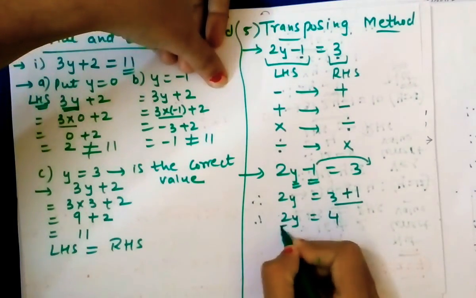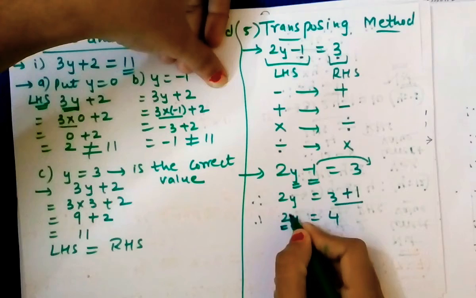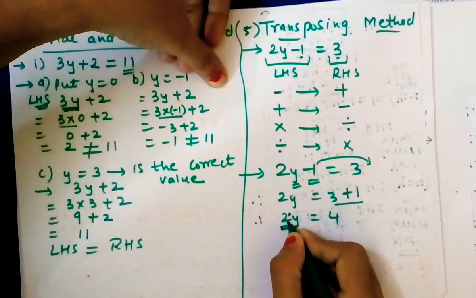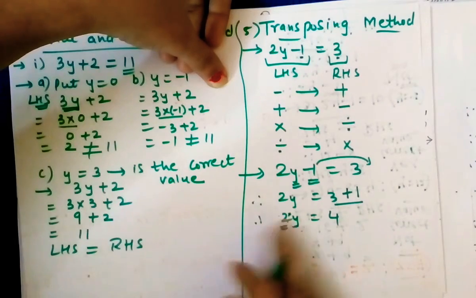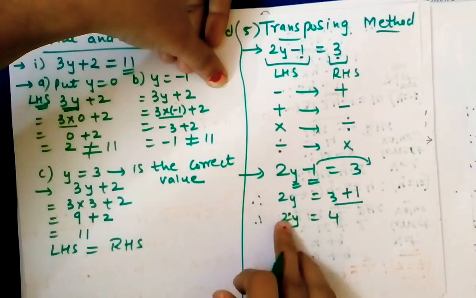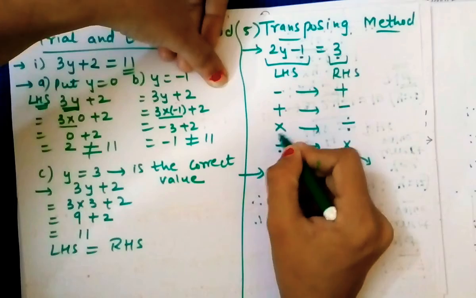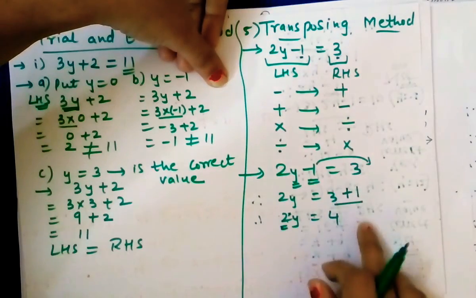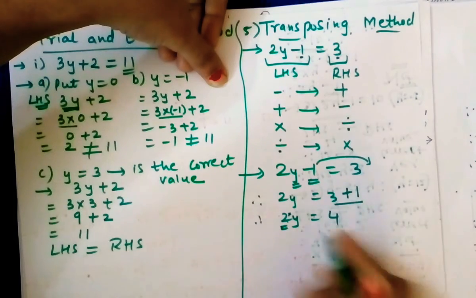Now 2y equal to 4. Now this 2 I will remove. So this 2 is in multiplication. No sign means multiplication. Now I want to remove this 2. So I will take 2 that side. But this is in multiplication. So look here. Multiplication part will go in division. So we have to divide. When we take 2 this side, we will divide.